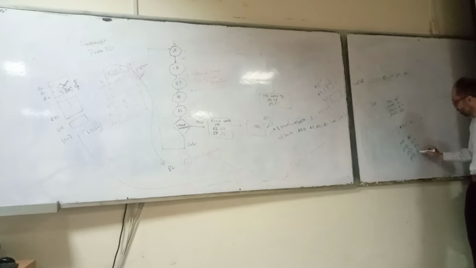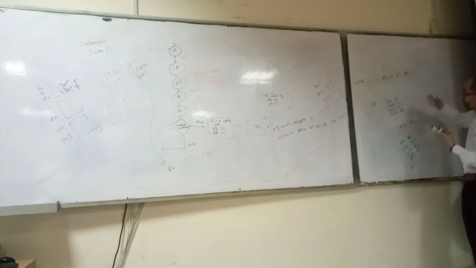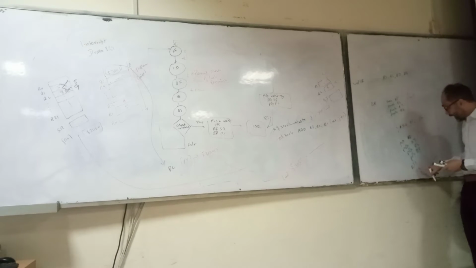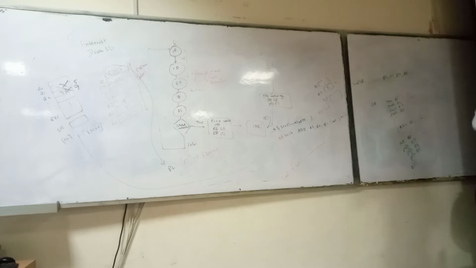Pop R5 and RTI. Okay, so now what we are doing is using the stack, pushing working registers, and when RTI appears, it will pop the status register and the program counter.